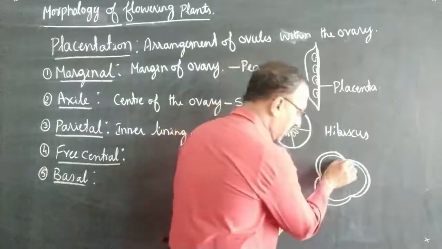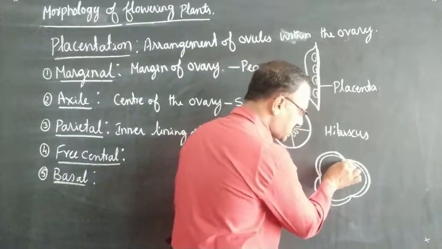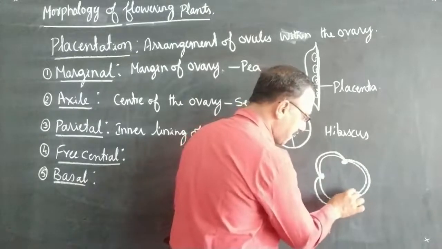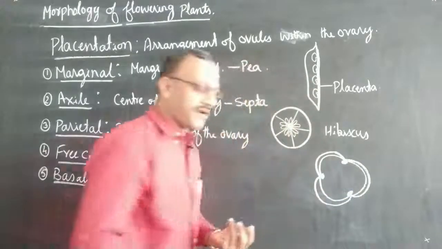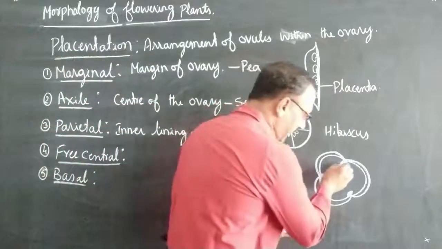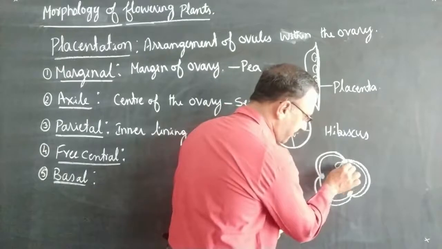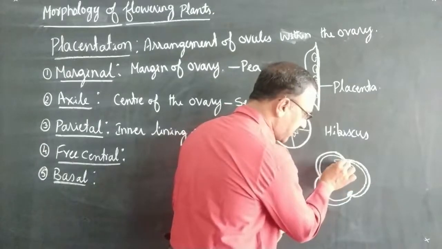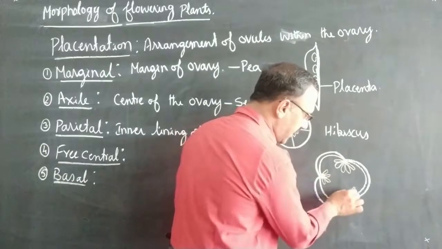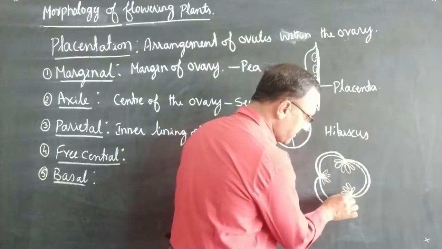Here the placenta occupies these corners. You might all have seen it in pumpkin or even papaya. We find a number of ovules attached here. This is called parietal placentation.